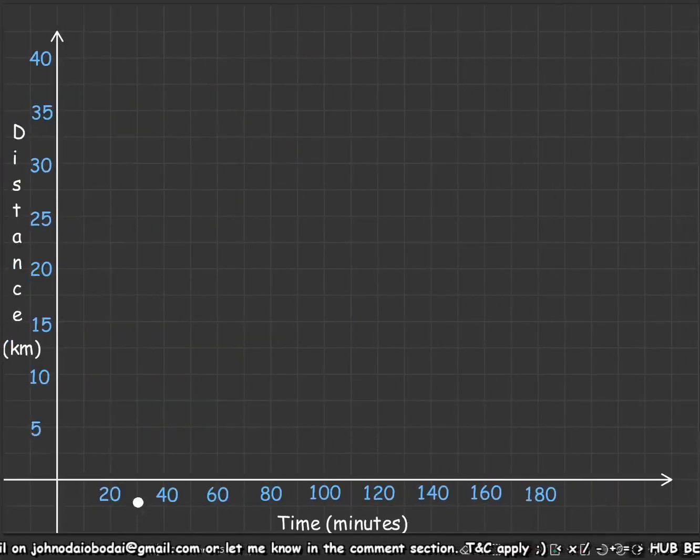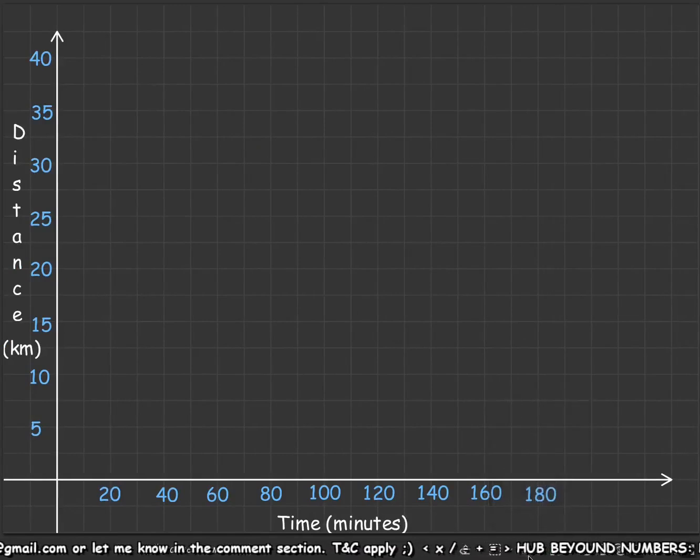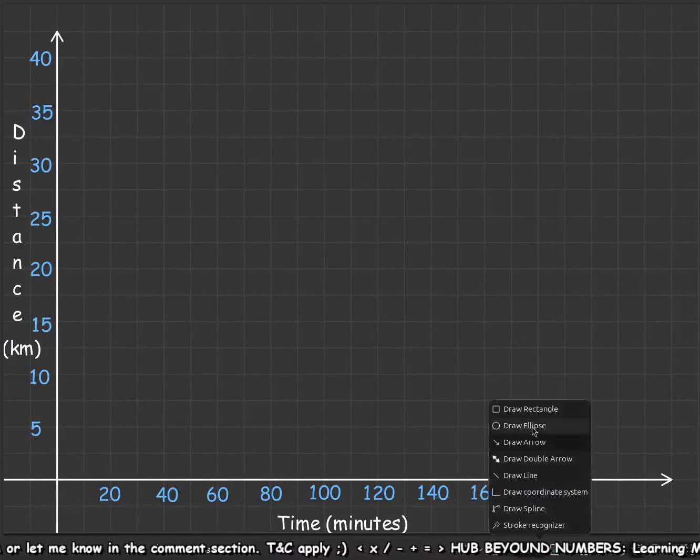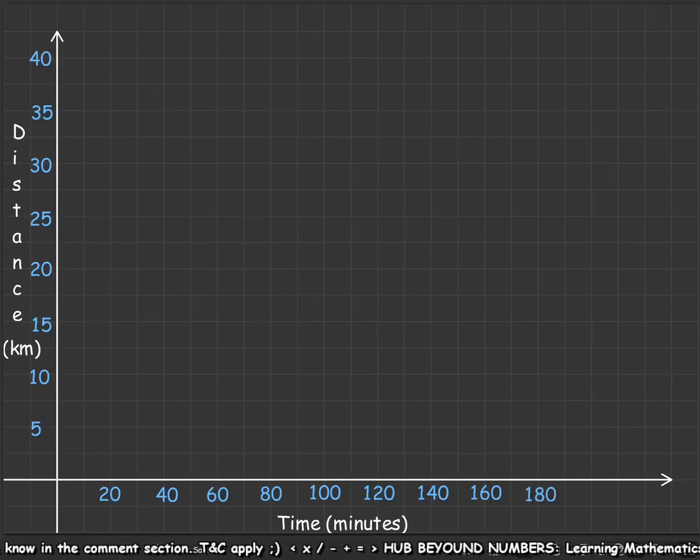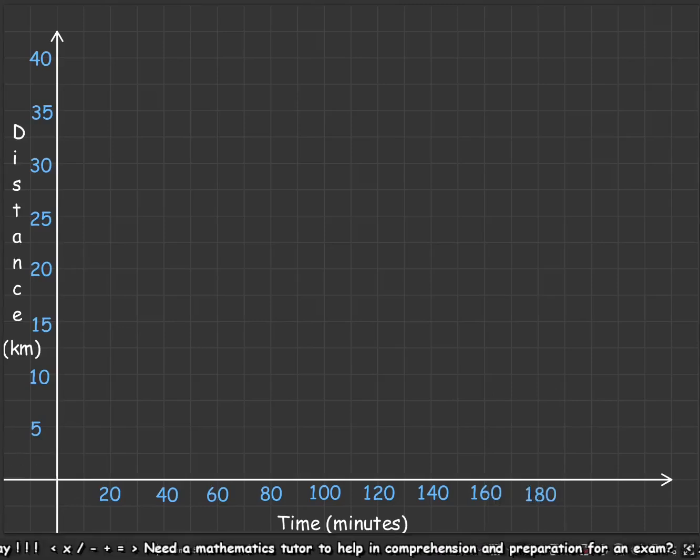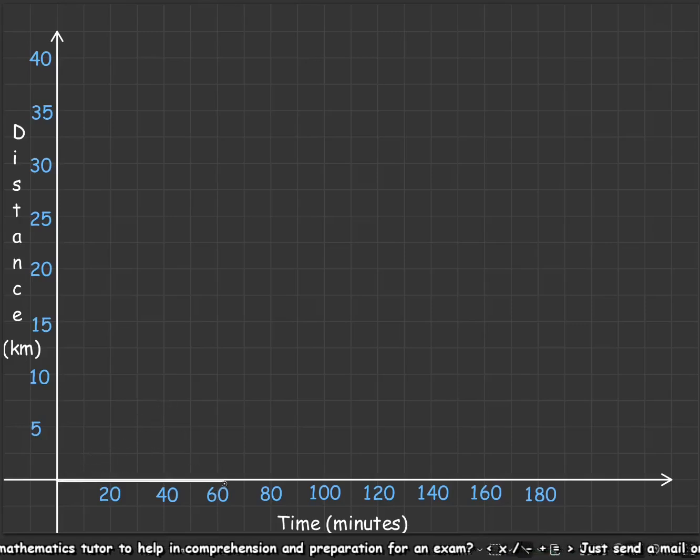So we come over here, and it is actually a straight line we would have to draw. All right. So let me pick out a straight line. And then we said 60 minutes. So we come to the time axis. This is where we have our 60 minutes, right? So I'm definitely going to start from here. That is, we would have to start from 0, 0, because it is going to start at time 0. The initial point is 0, 0.